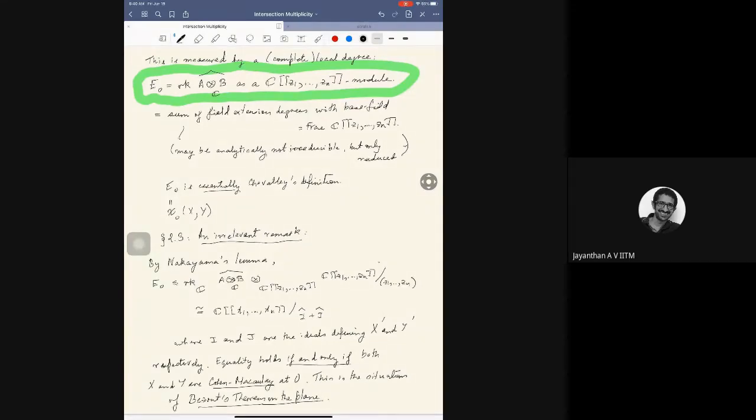So you want to look at the rank of a module over a power series ring. Power series rings are local rings, and for local rings you have Nakayama's lemma, which allows you to compute the minimal number of generators of a module, and that number is of course going to be greater or equal to the rank of the module, right?